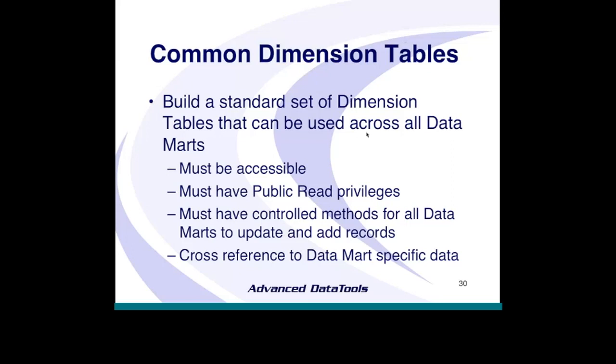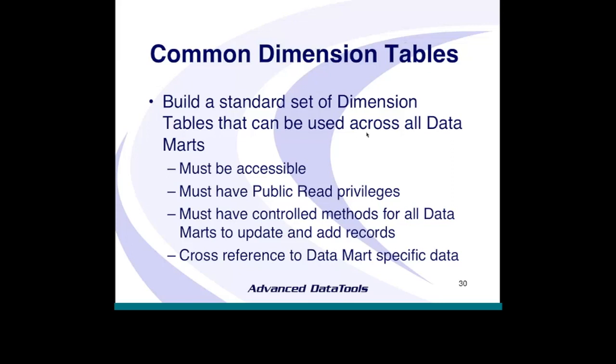The last thing is you need to be able to cross-reference the common dimension tables to specific data mart data. This is where it takes quite a bit of work with the DBAs sitting down with the users and saying, okay, you call this product code this in this group. In this other group, this product code is called something else.